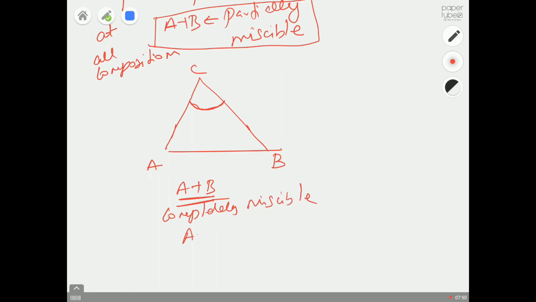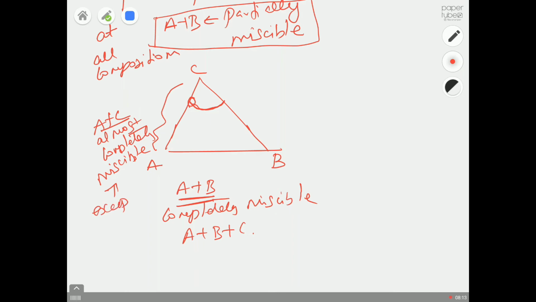irrespective of the composition of A plus B plus C, and in this case A plus C is almost completely miscible except at a few conditions, except at some particular composition.